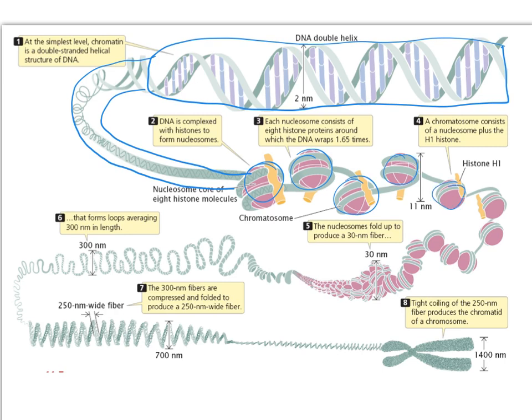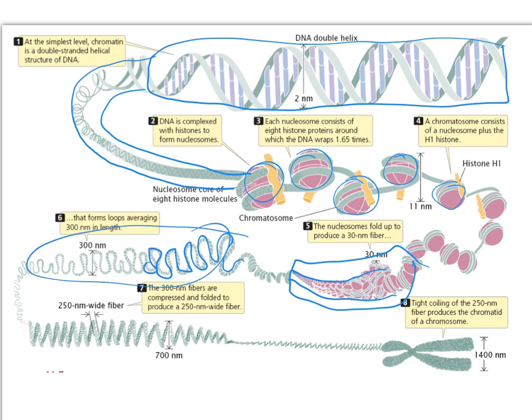These histones then pack themselves more tightly, and then that string of more tightly packed DNA wrapped around histones then loops itself, and this looped fibre then forms into further loops.